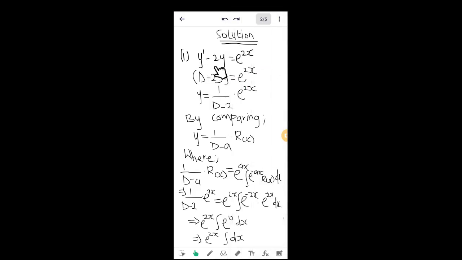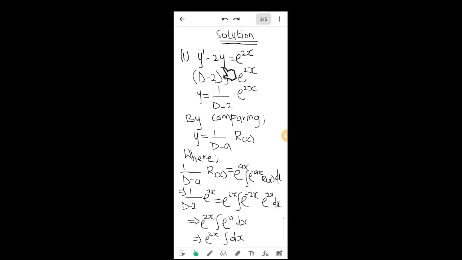So the first question was y prime minus 2y equals e exponent 2x. When I apply my D operator on the left hand side, that's y prime minus 2y. Here, my D operator, D, stands for the y prime.